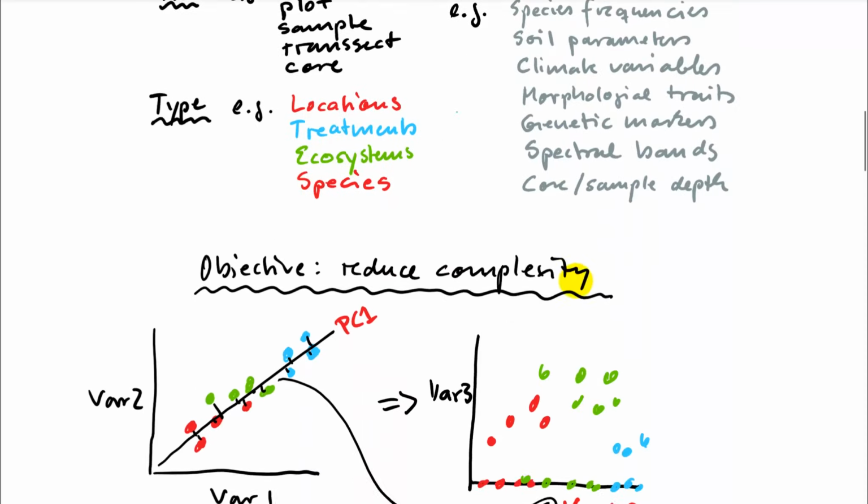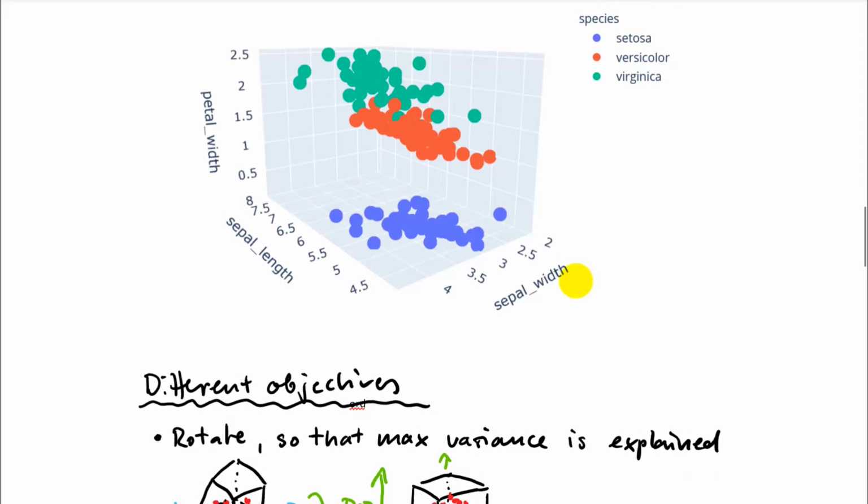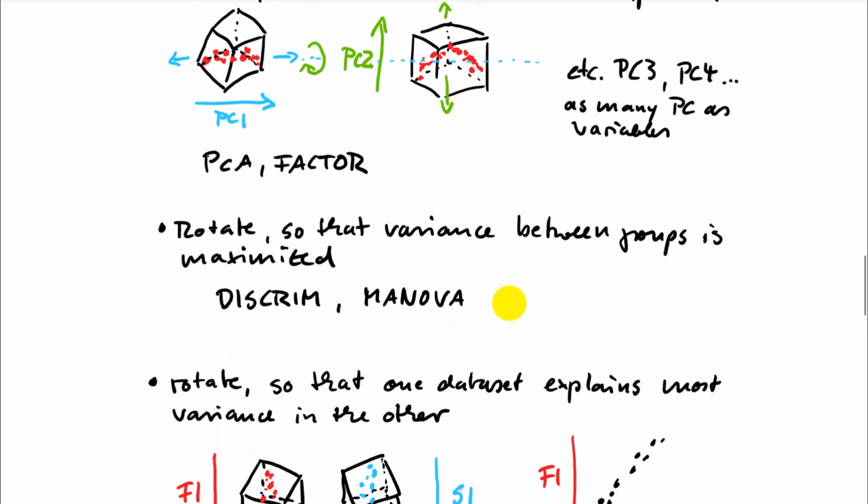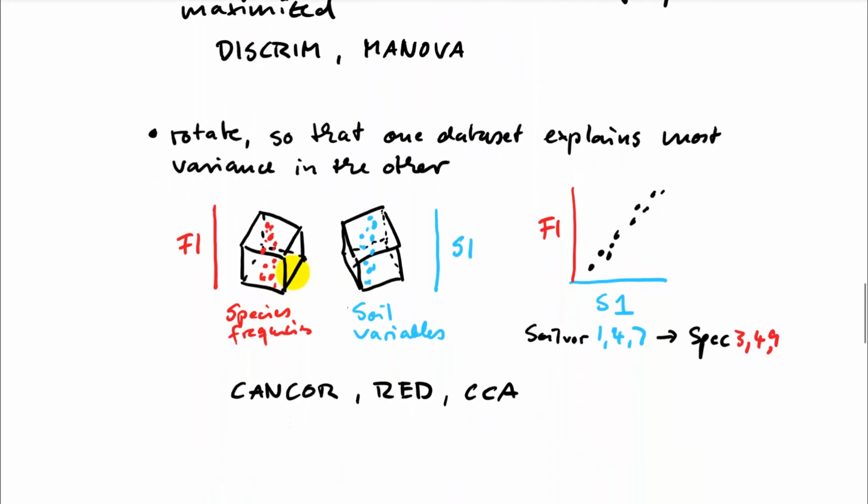So if you have a situation like this, you can rotate those groups separately, so I can line up my species frequencies and my soil variables, and rotate those two groups independently. If I have two sets of variables, I might want to rotate them in such a way that the correlation between them is maximized.